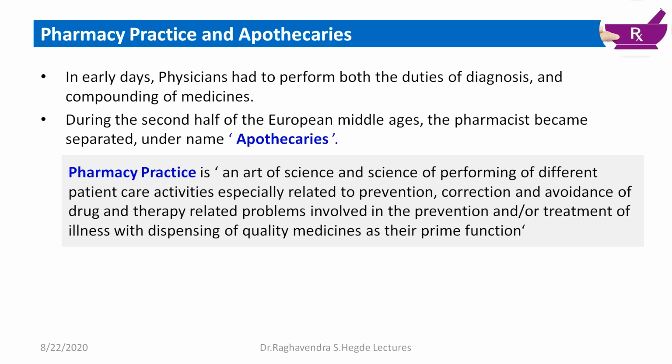Now, let us understand the definition of pharmacy practice. Pharmacy practice is an art of science and science of performing different patient care activities, especially related to the prevention, correction, and avoidance of drug and therapy related problems involved in the prevention and/or treatment of illness, with the dispensing of quality medicines as their prime function.